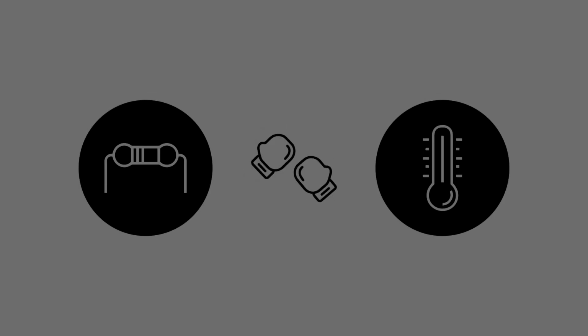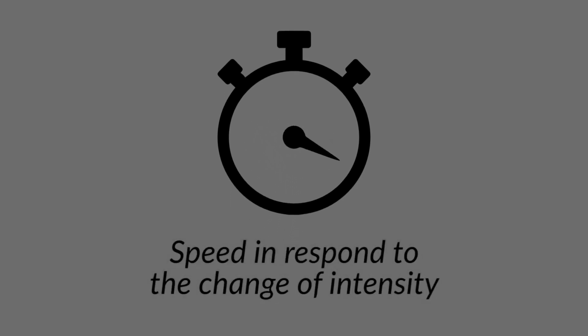It defines maximum leakage current for a given voltage. Next, resistance against temperature also affects the accuracy. Lastly, the speed of response, which is the response time to measure the speed in response to the change of intensity, also affects the accuracy of reading.